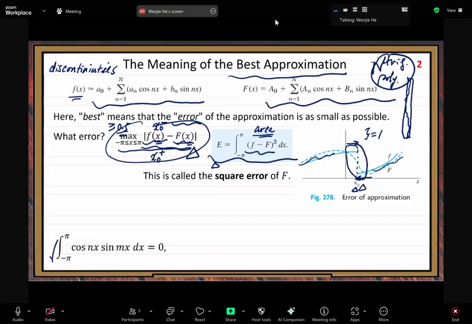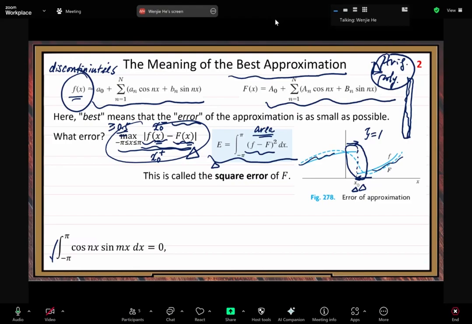of degree n. Can we search the whole set and find the one that has the best approximation to the original function f? In that set, which capital F?